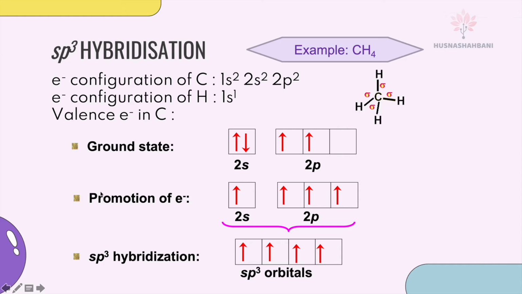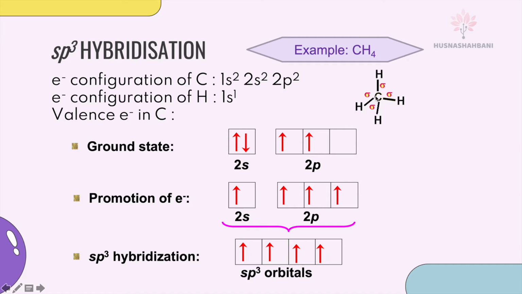Promotion of electron or excited state: you have to look at the bonds on the central atom. The central atom has 4 single bonds, so the central atom requires 4 unpaired electrons. In the ground state, the central atom carbon only has 2 unpaired electrons.